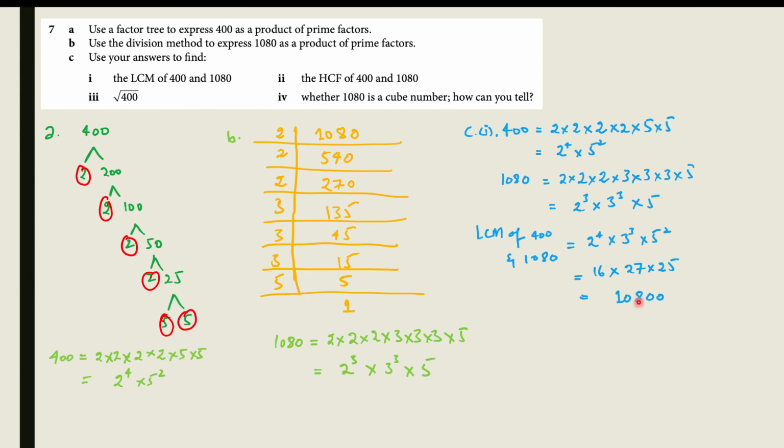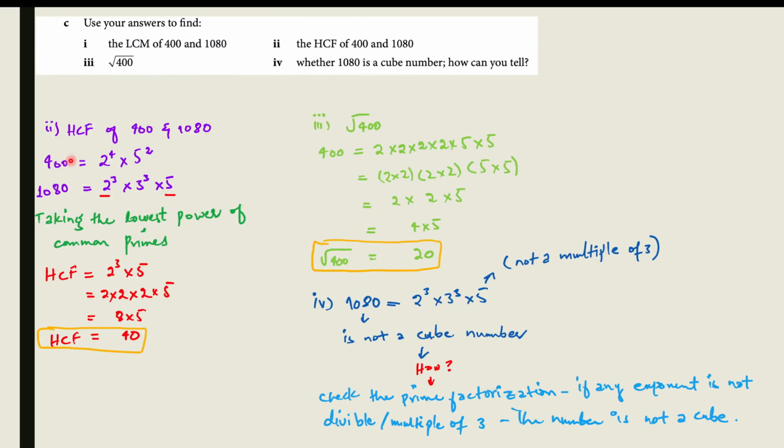With that being done, we move to the next part that asks us to find the HCF of 400 and 1080. So again, we use the product of prime factors, and in here, while going for the highest common factor, we take the lowest power of common primes.